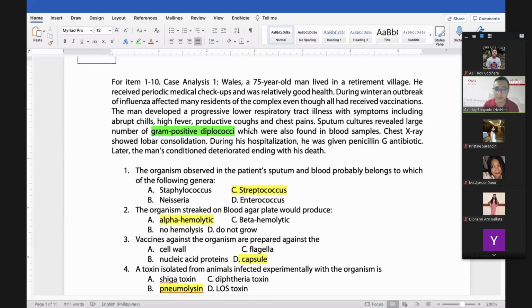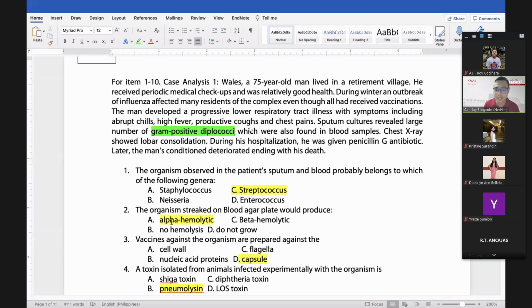The organism streaked on the blood agar plate would produce. Okay, since you have there an idea, number 1 will give you an idea, class, that the patient is having pneumonia or respiratory disease. So think of which Streptococcus is possible for respiratory disease. So ano man yung mga Streptococcus species na may possible for pneumonia? So you may think of Streptococcus pneumoniae and Streptococcus viridans.